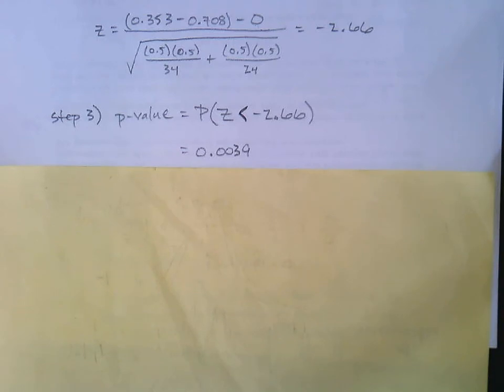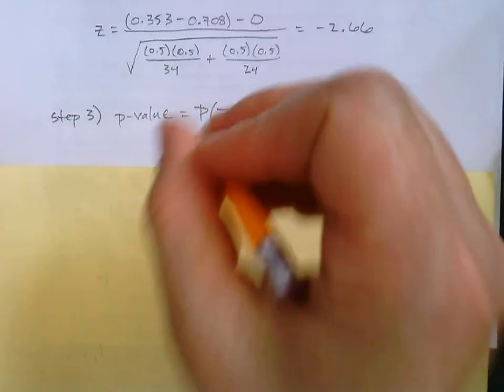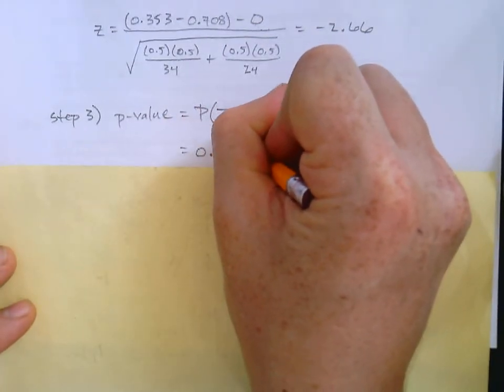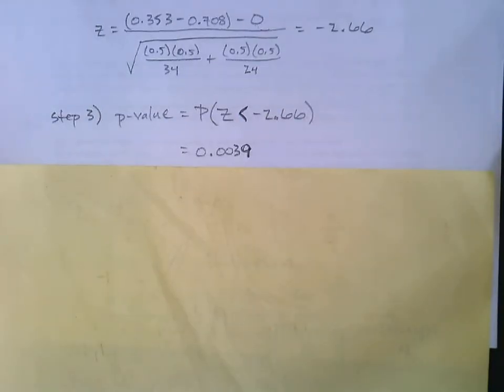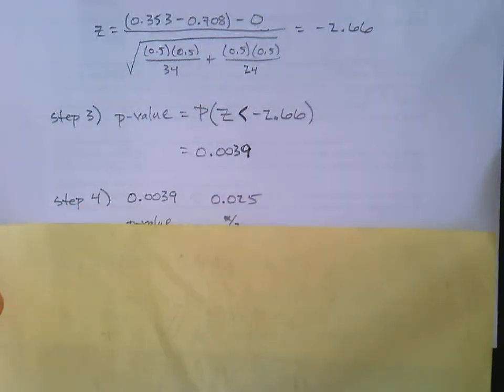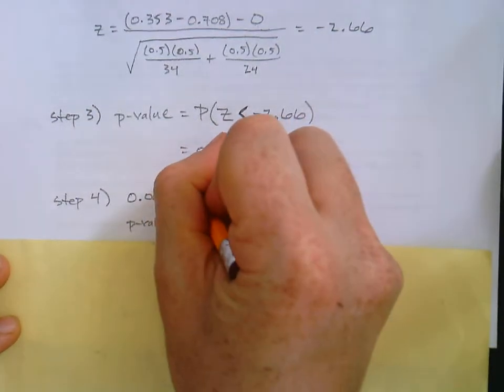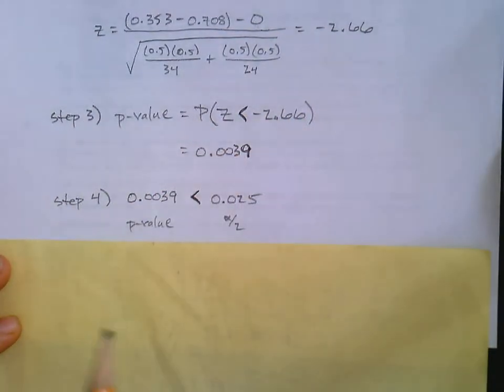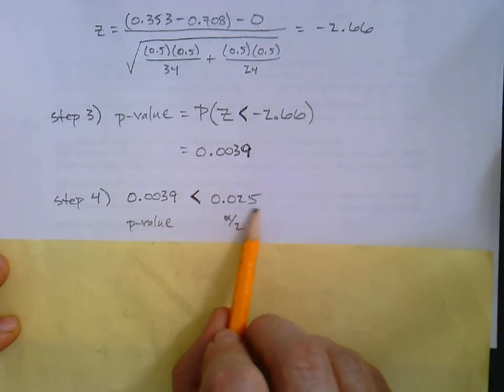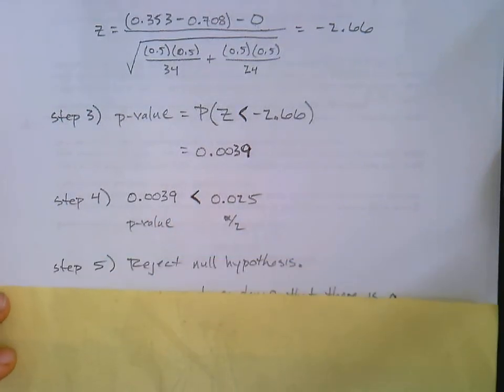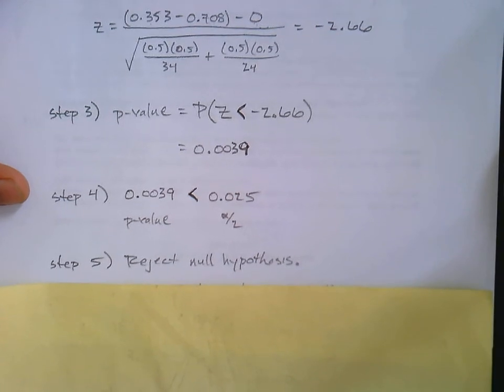That p-value is going to work out to be 0.0039 when you round it to 4 decimal places. And okay, comparing that. Remember, we're comparing with alpha over 2. But that p-value is smaller. 0.0039, quite a bit smaller than 0.025. So since our p-value is smaller, alpha is bigger, we do reject the null hypothesis.